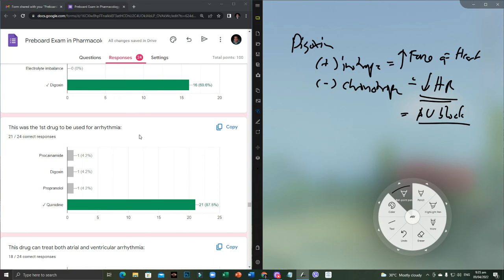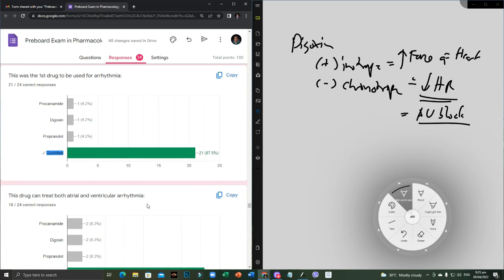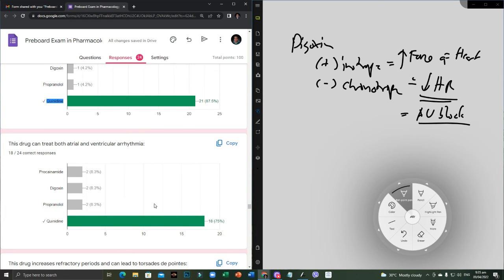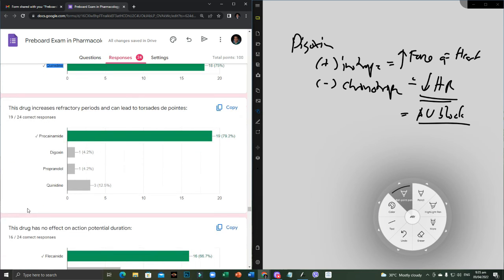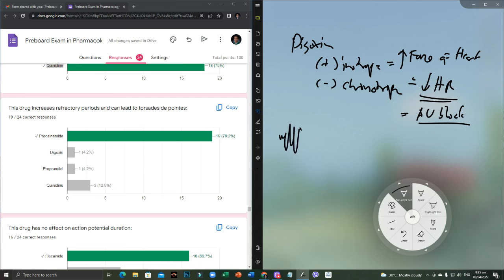This was the first drug to be used for arrhythmia. So very good, it's quinidine. This drug can treat both atrial and ventricular arrhythmia. So very good, quinidine din yun. This drug increases refractory periods that can lead to torsades de pointes. Torsades de pointes class is a ventricular tachyarrhythmia wherein ECG readings would look like a party streamer.